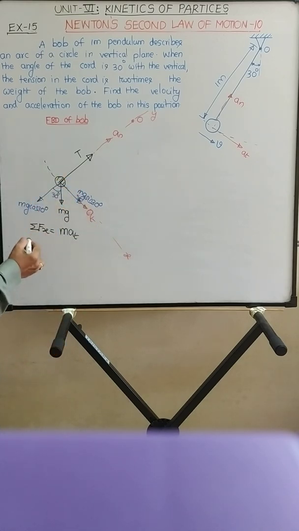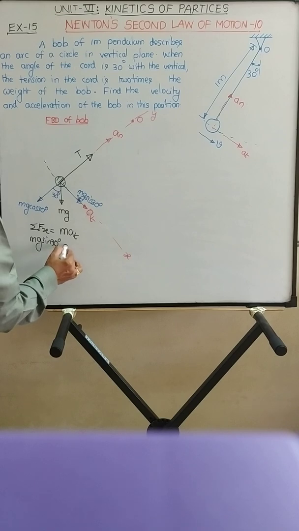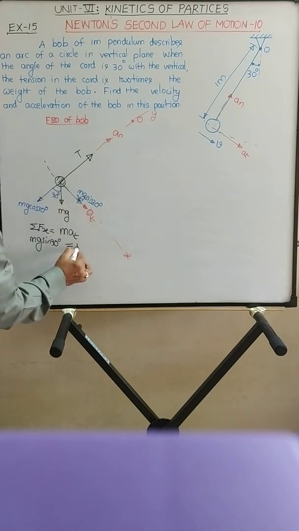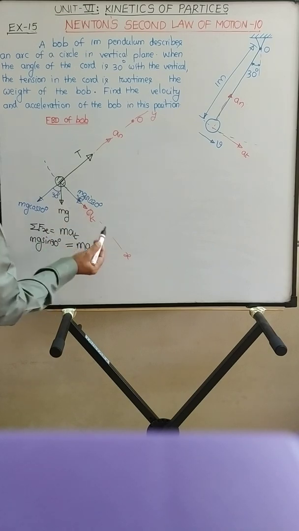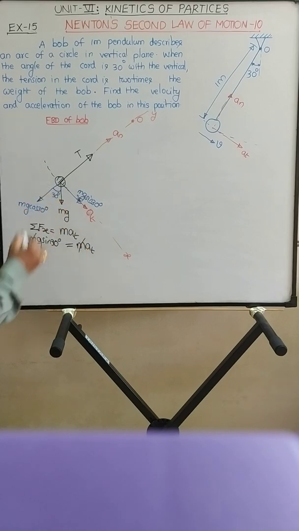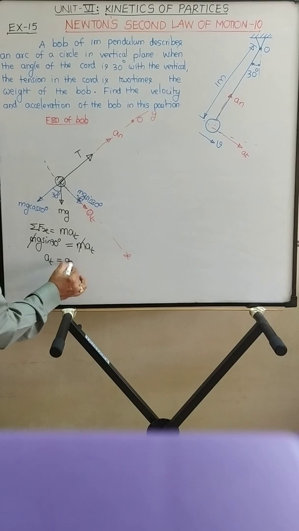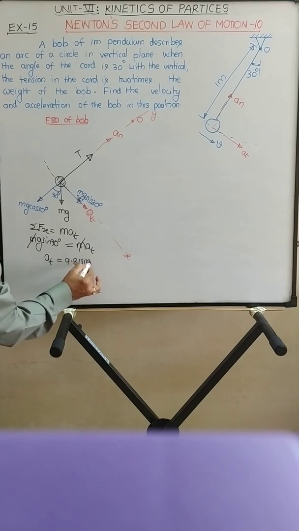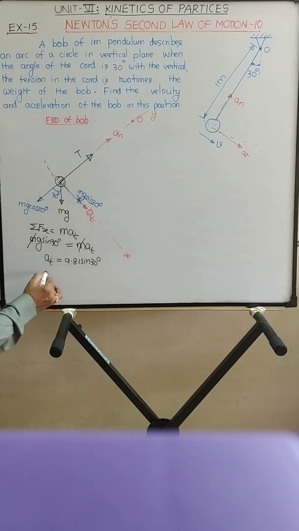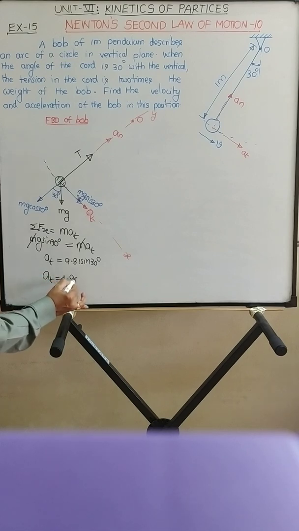It is mg sin 30. mg sin 30 is equal to m a_t. m gets cancelled. So a_t is equal to 9.81 sin 30. So the tangential component of acceleration is 4.905 meters per second square.